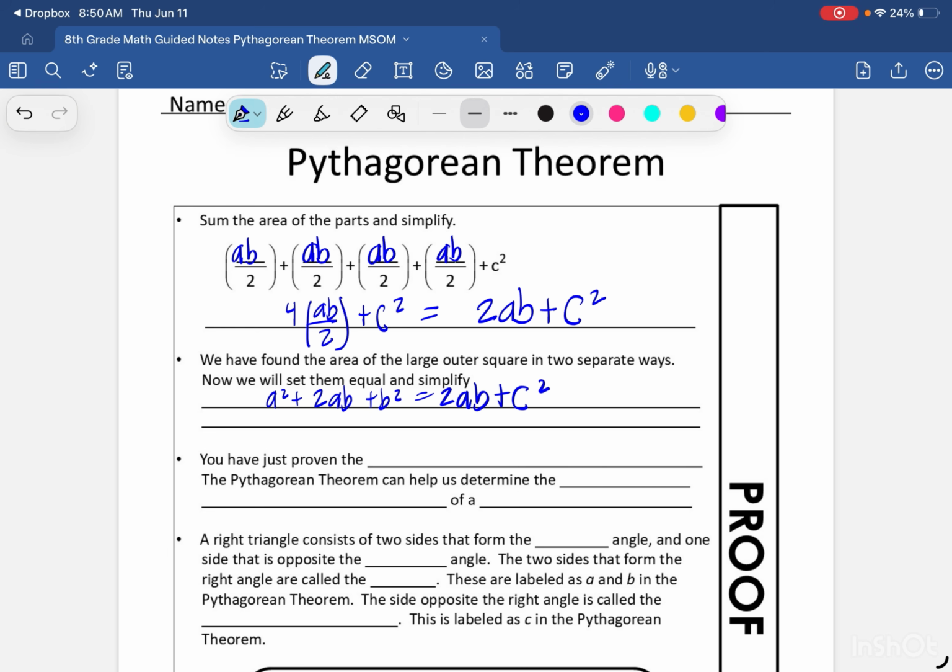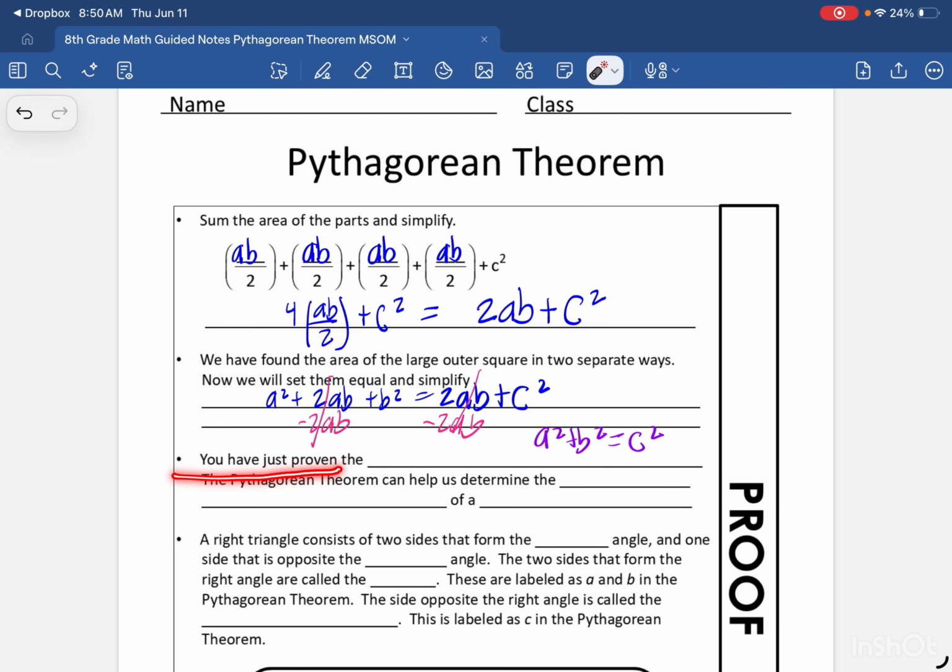Those equal each other. If we simplify, I can subtract 2AB from each side. Those cancel out, and I get A squared plus B squared equals C squared.